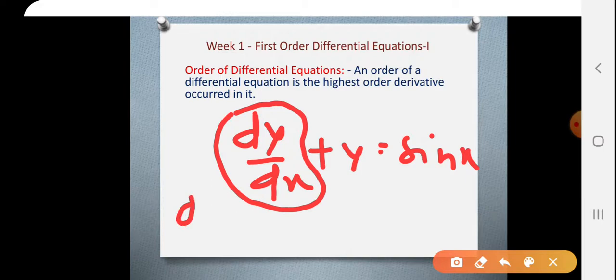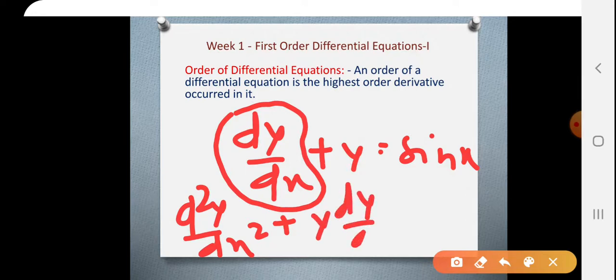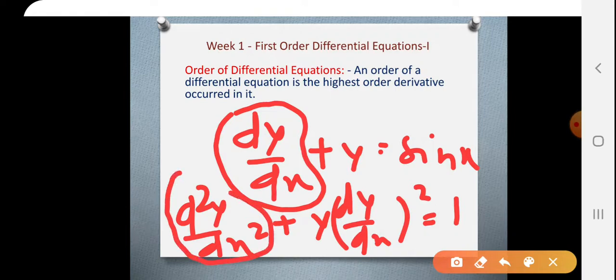If I write here d square y by dx square plus y times (dy by dx) whole square is equal to 1, then this is also a differential equation, but here second order comes. Square means degree 2, but d square y by dx square is second order. So the order of this differential equation is 2.